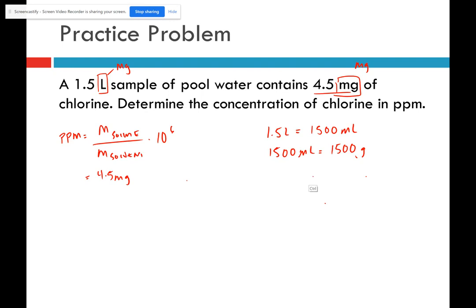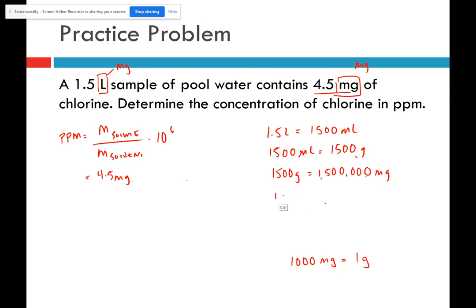There are 1,000 milligrams in 1 gram. So that means 1,500 grams multiplied by 1,000 gives us 1,500,000 milligrams.